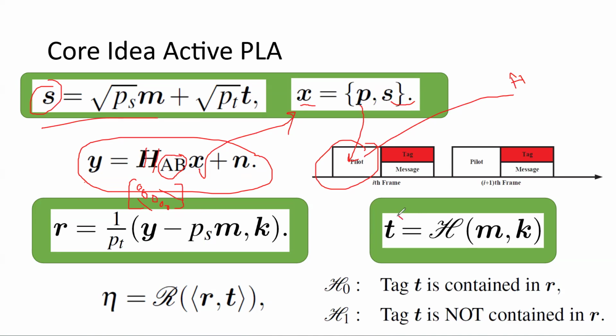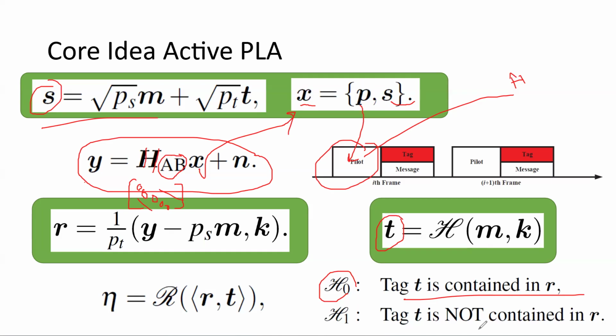And since our target is to detect the tag here, in this case, we use some equations and formulas in order to find whether the tag exists or not, and then compare whether the tag is the same as the one we have in the reference or not. So the tag is contained in R. In this case, we have H0, which means the transmitter is legitimate.